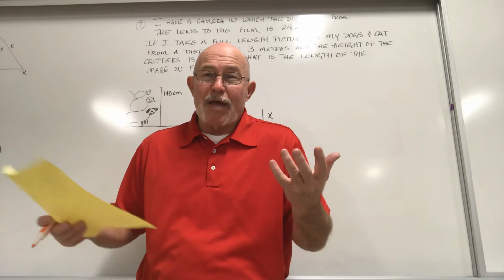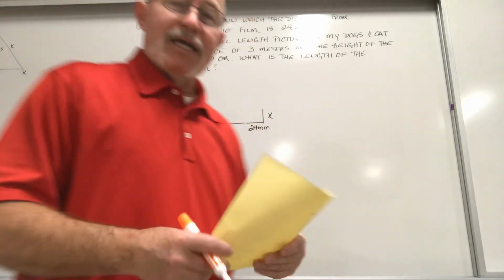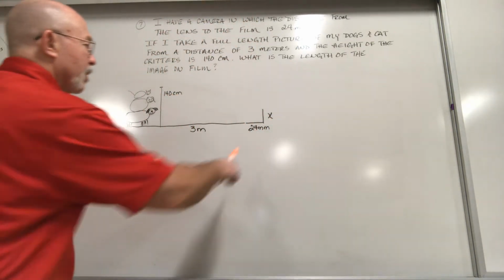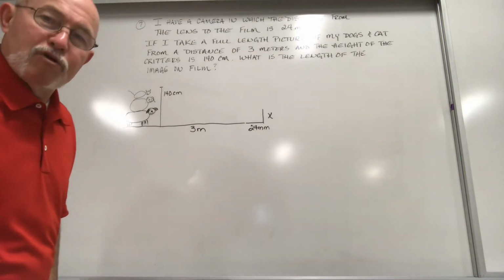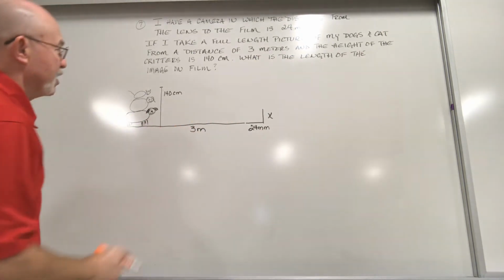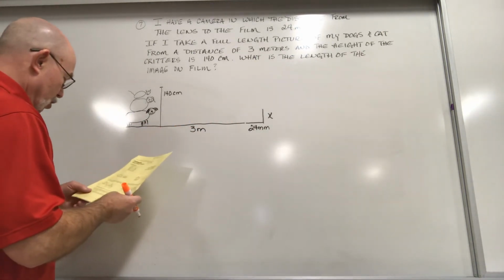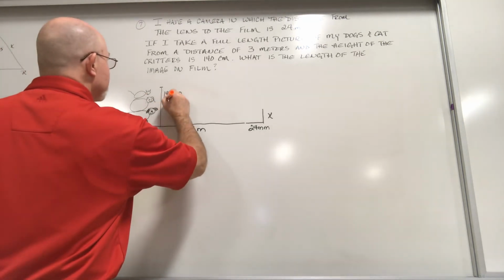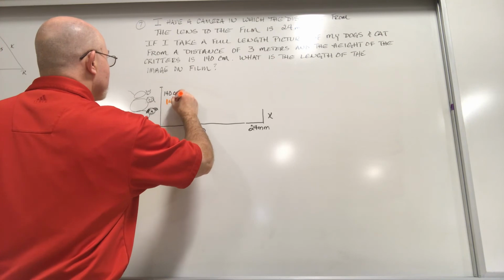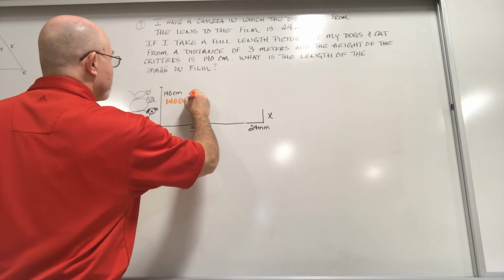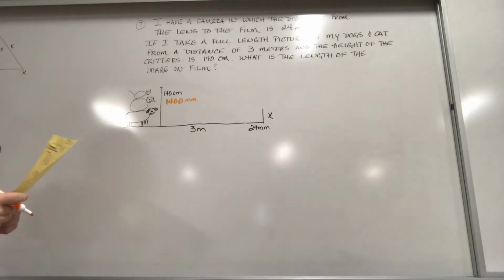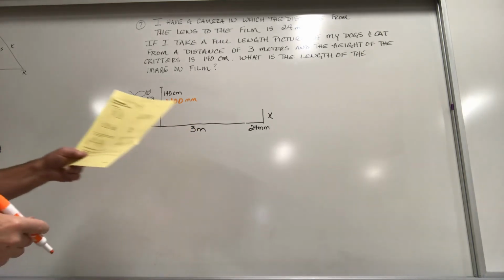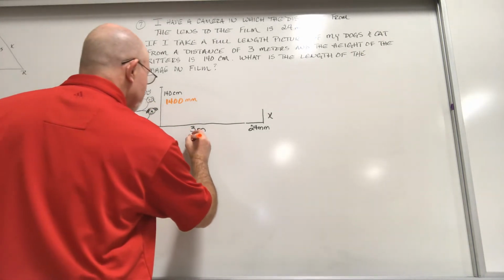And it's multiply by 10 or divide by 10. It's simple, but do it. That's the smallest unit of measure, so everything's going to be in terms of millimeters. So, 140 centimeters is 1,400 millimeters. 3 meters is 3,000 millimeters.